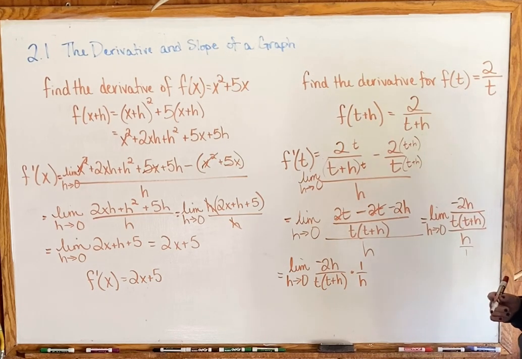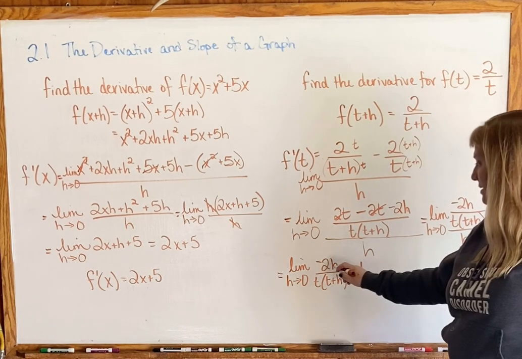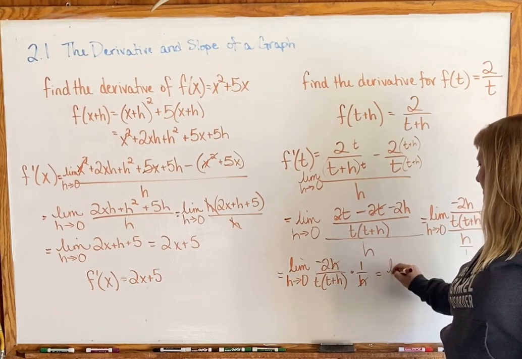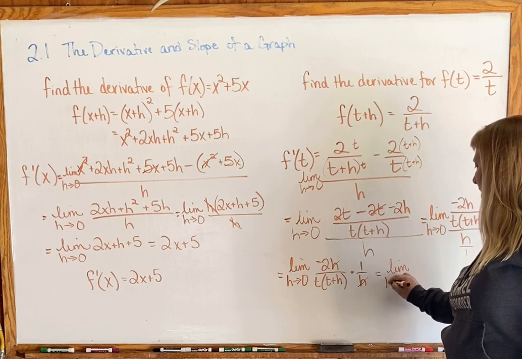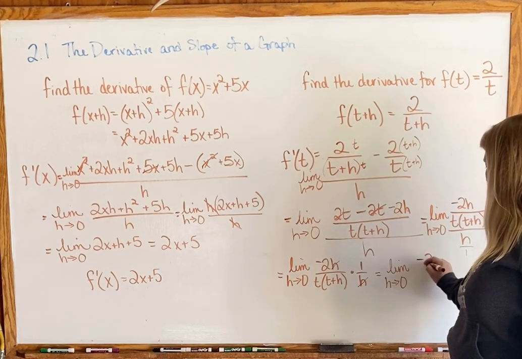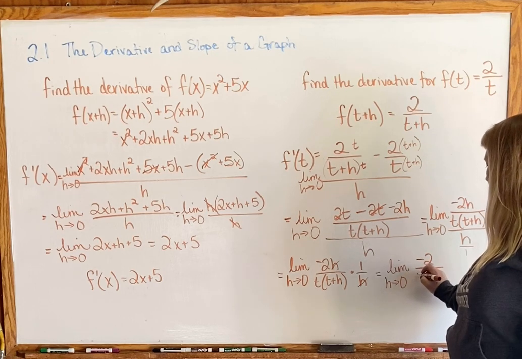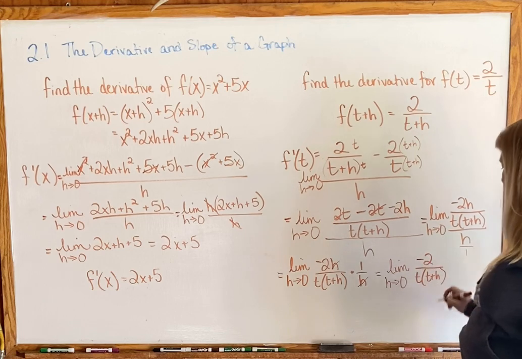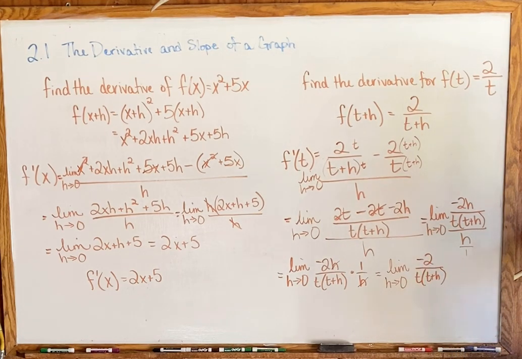And the nice thing about that is, one more time here, the limit as h approaches 0, and now up top we have negative 2 over t plus h. Now there still is an h in the denominator, isn't there?